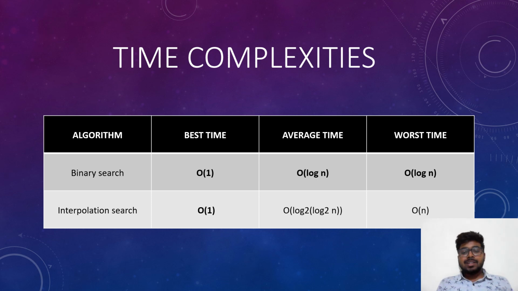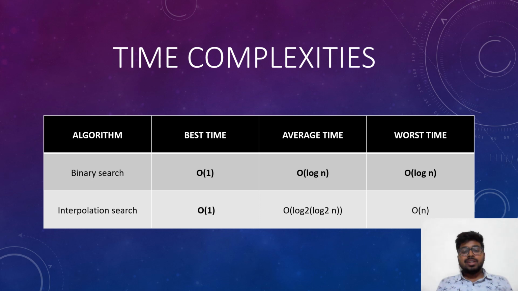Coming to the average time complexity, binary search is big O of log n, whereas for interpolation search it is big O of log log n. So the average time of interpolation search is less than binary search.